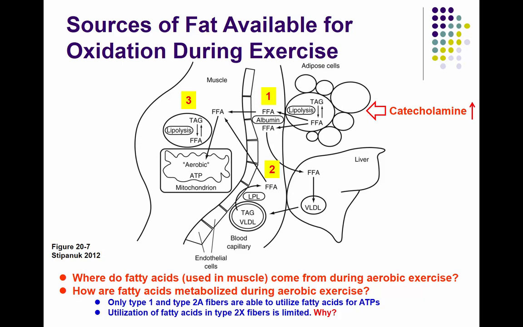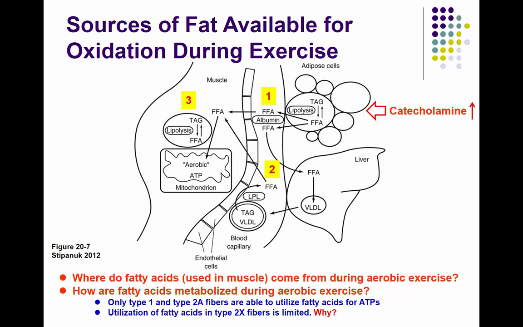And secondly, some of the fatty acids released from fat tissue will not be completely taken up by the muscle, right? So you have kind of leaky fatty acids that can go to the liver and be re-esterified into triglyceride and packed into VLDL.